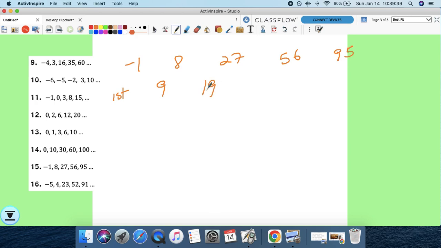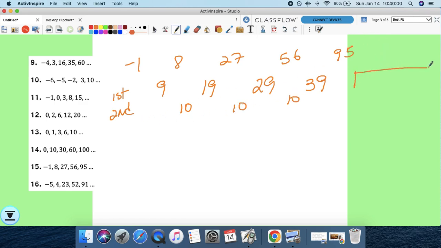Then 56 minus 27 is 29. And this should be 39. Yeah, plus 10, plus 10, plus 10. So the second difference would be 10, 10, and 10.